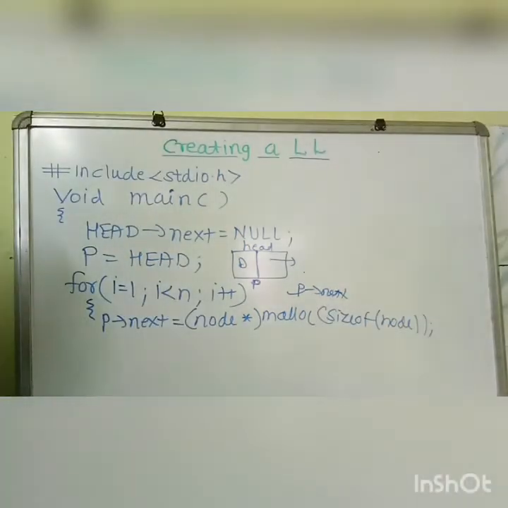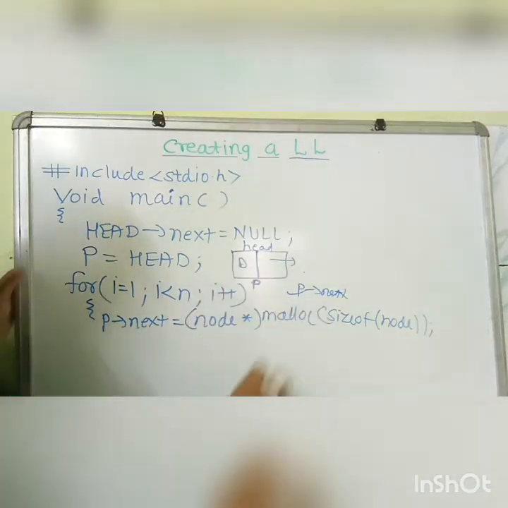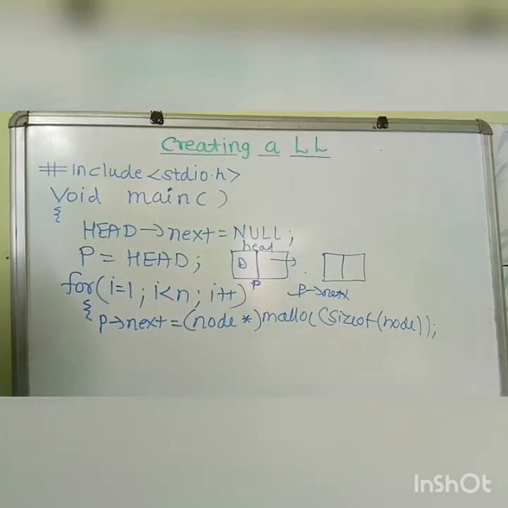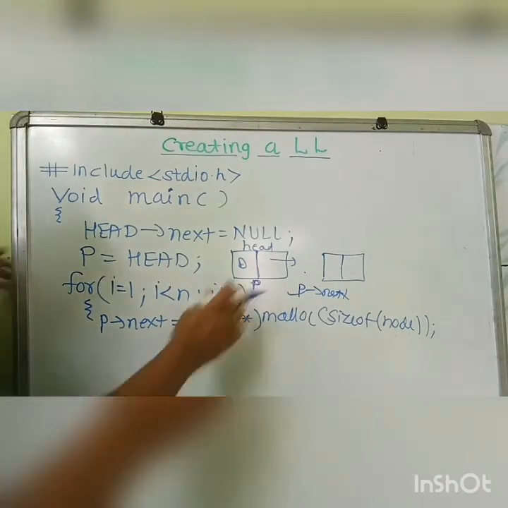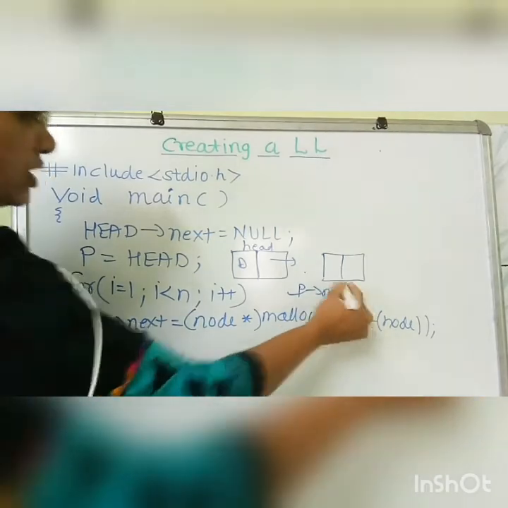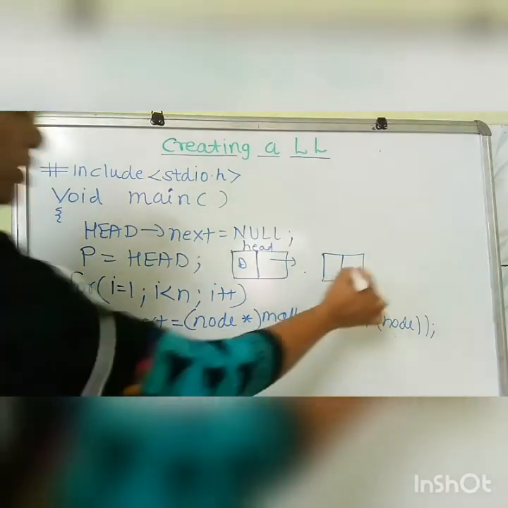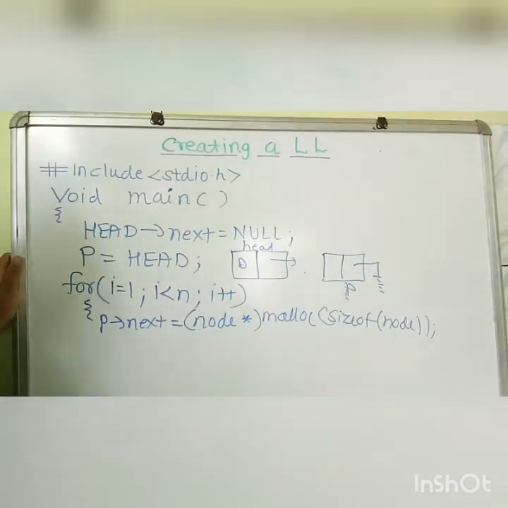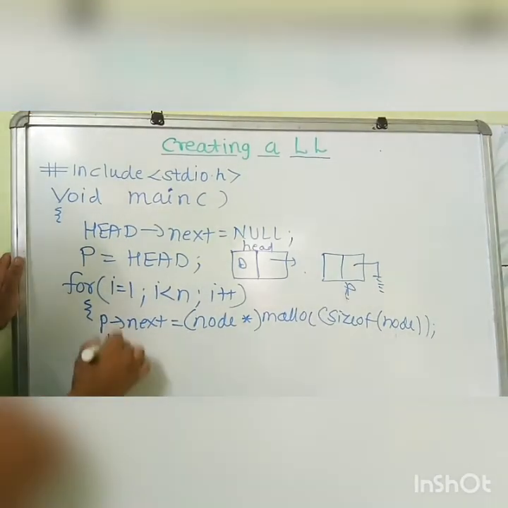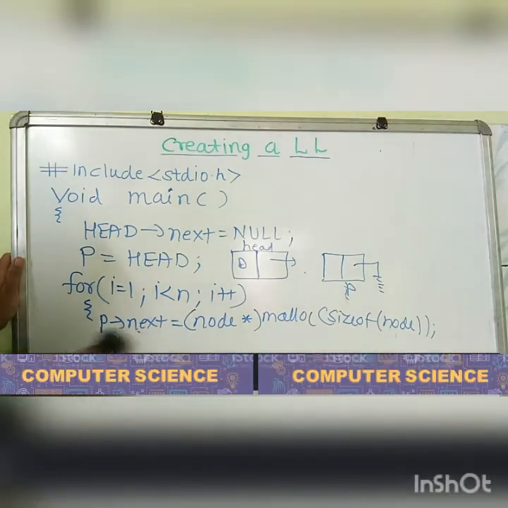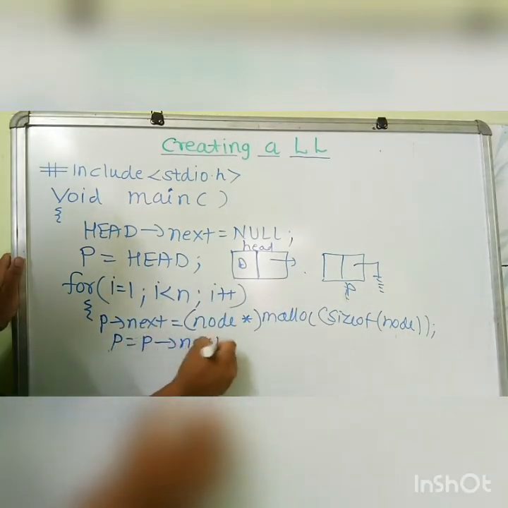Okay, as we had created the memory, here we had only created just an empty structure. Now we have to shift p to the actual location. So we make a statement like p equals p pointer next.